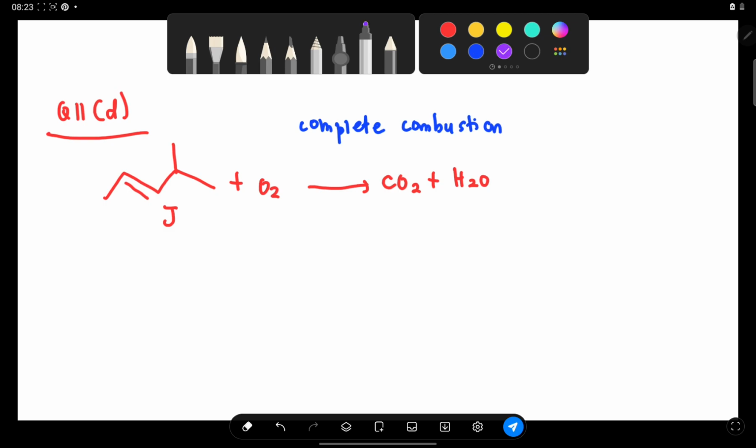To make it easy, you change this structural formula into a molecular formula. How many carbons here? 1, 2, 3, 4, 5, 6. So C6H.